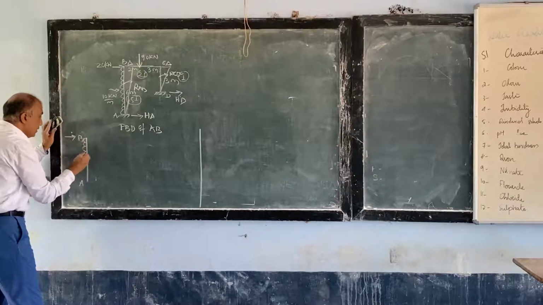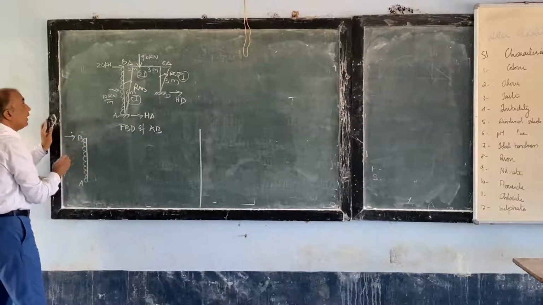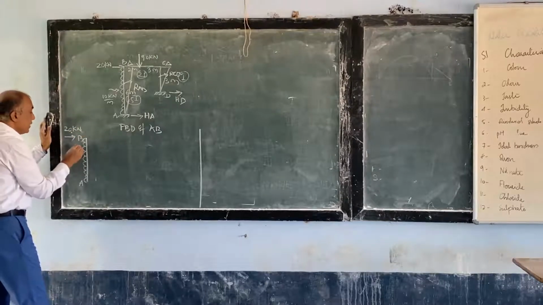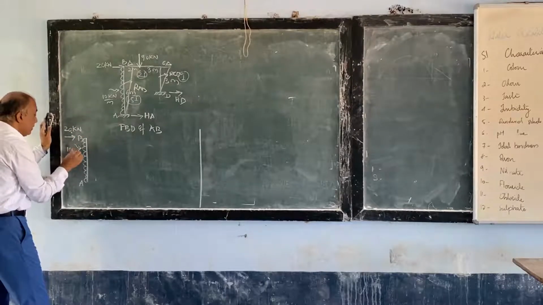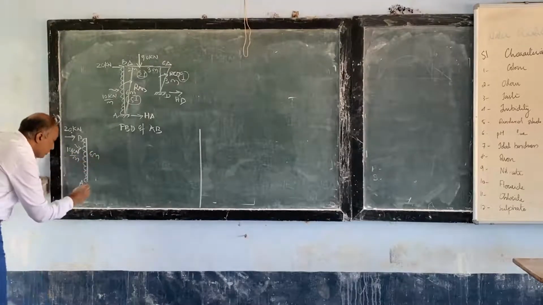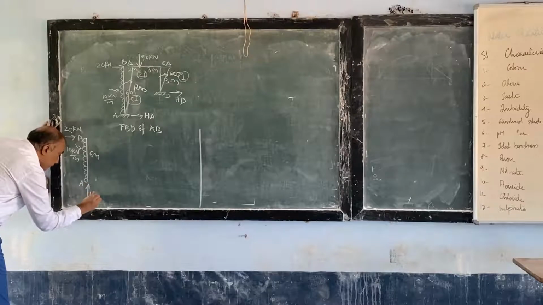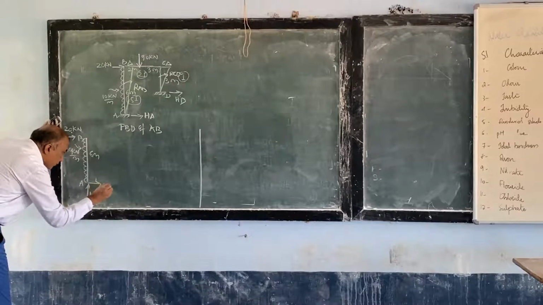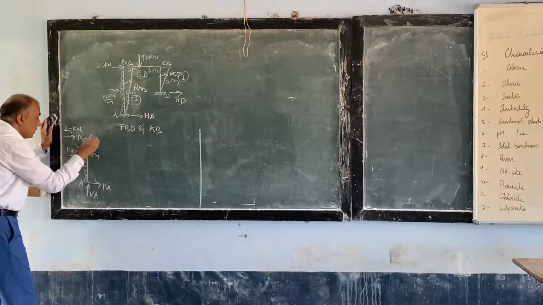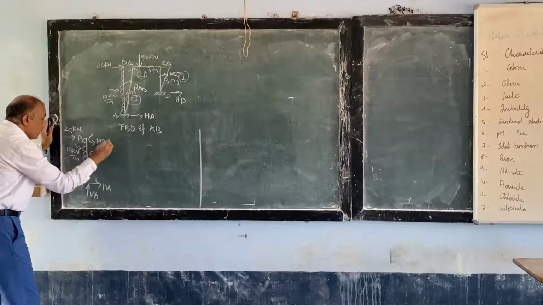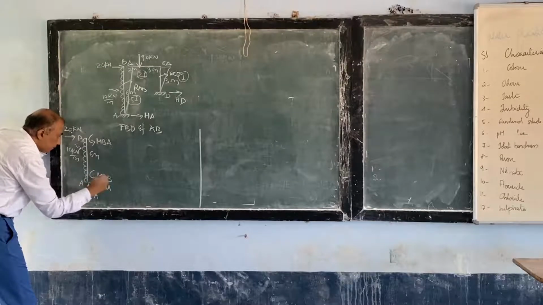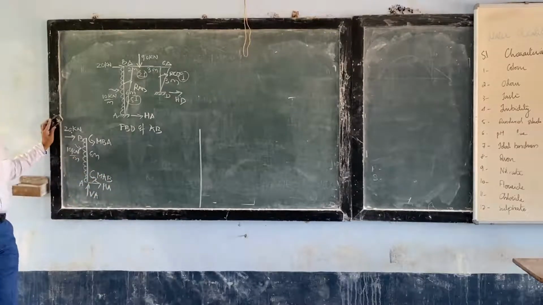A UDL of 10 kilonewton per meter over 6 meters and a 20 kilonewton concentrated load. This reaction is VA, this reaction is HA, and the moments MBA and MAB we don't know, that's why I am assuming positive. So this is the free body diagram of AB.